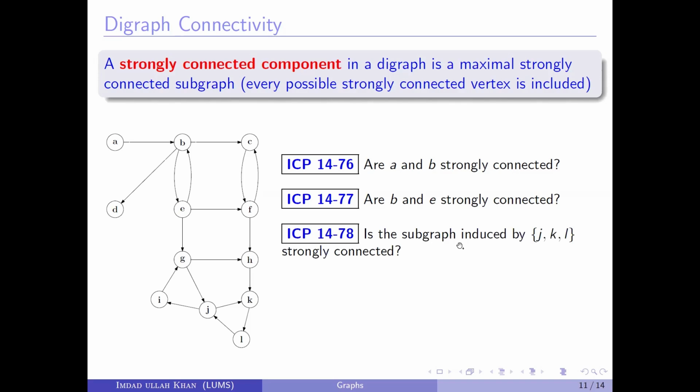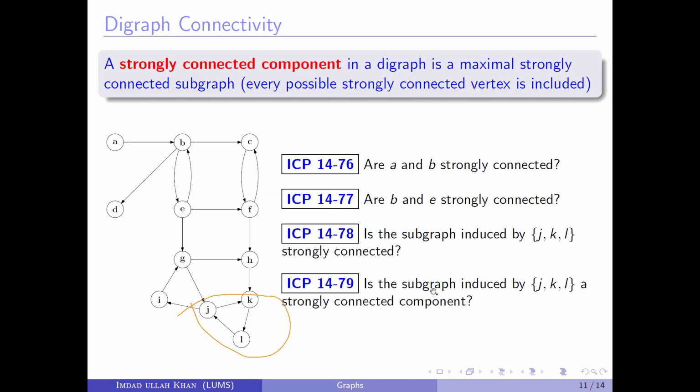Is the subgraph induced by JKL strongly connected? If you focus on these three vertices, JKL at the bottom, is this a strongly connected subgraph? The answer is yes, because within that subgraph, every pair is strongly connected. Is the subgraph induced by the same set of vertices a strongly connected component?